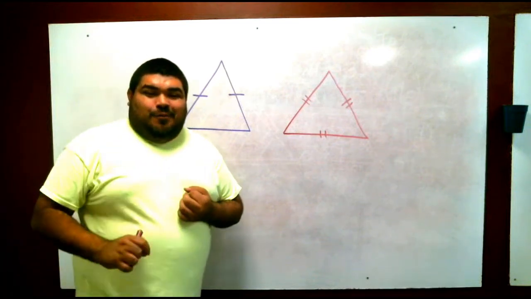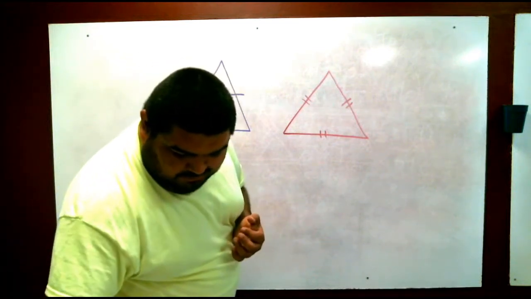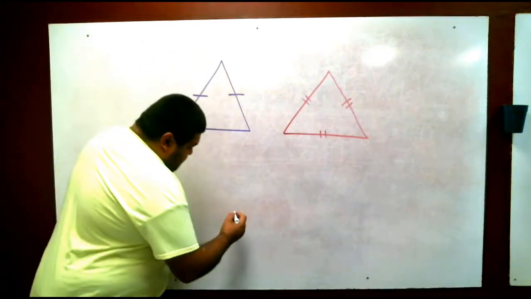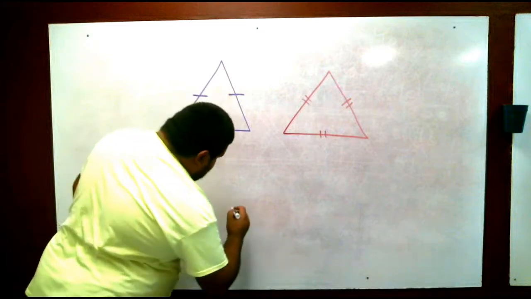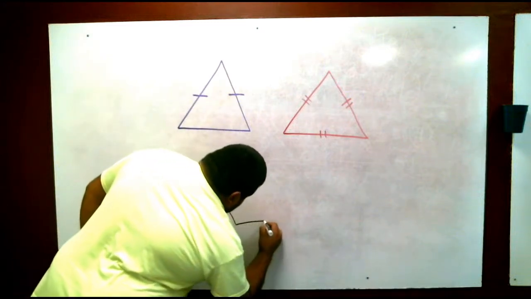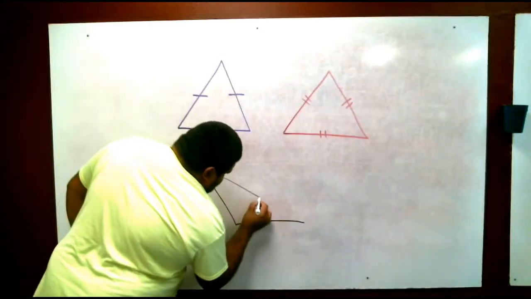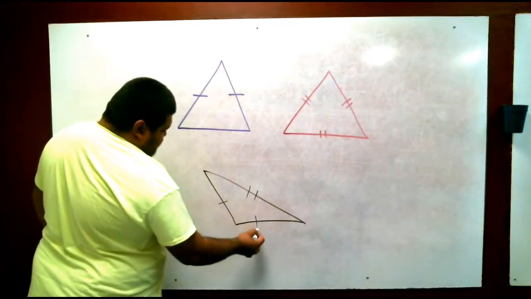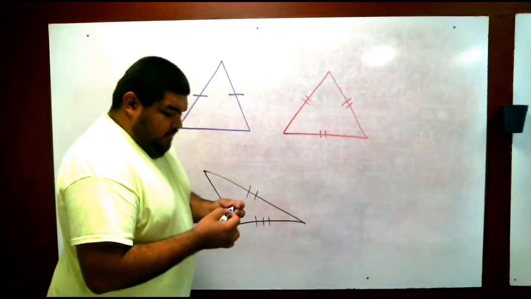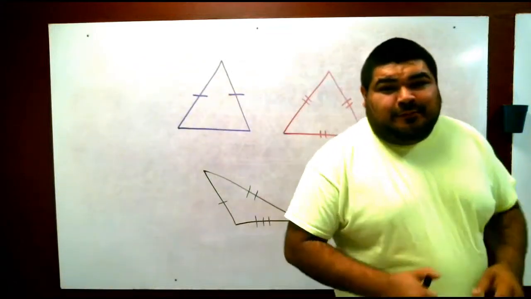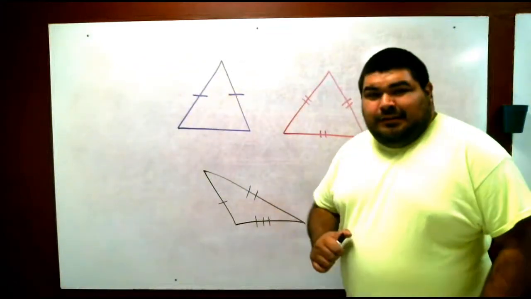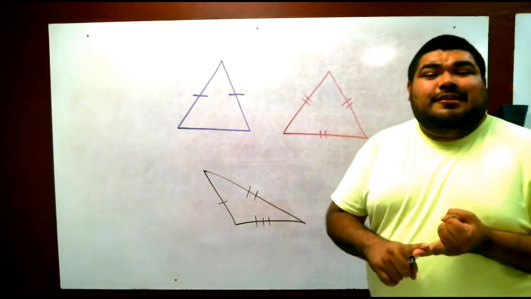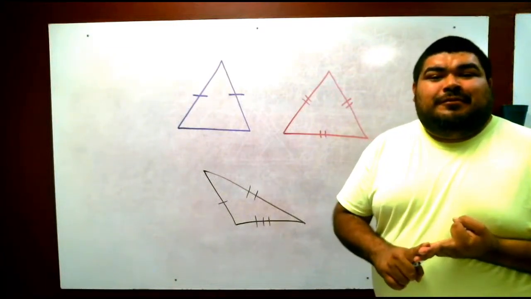And your final one, let's do another color here. Let's go with black. For that last one, is it isosceles, scalene, or equilateral? Okay.